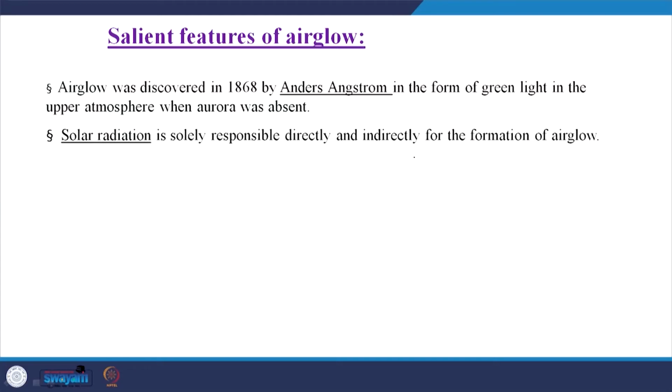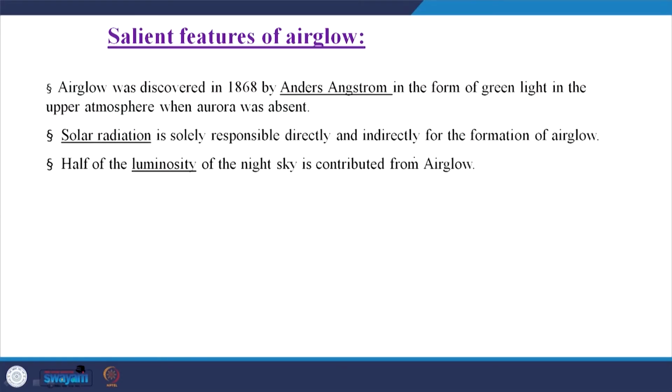So, there is a clear difference. Solar radiation is solely responsible, directly and indirectly, for the formation of airglow, and half of the luminosity of the sky during the night time is attributed to airglow.